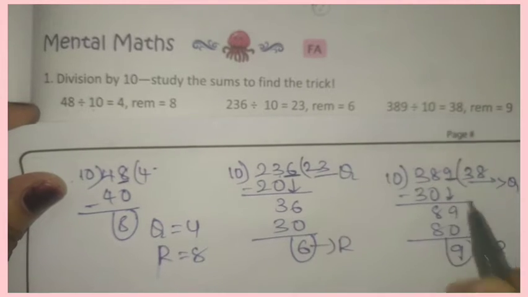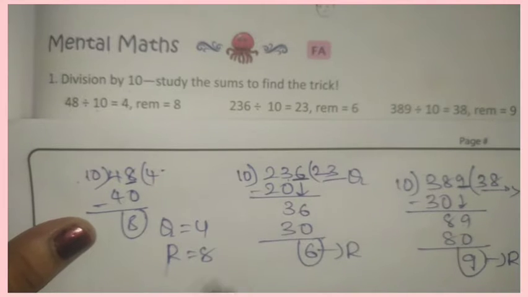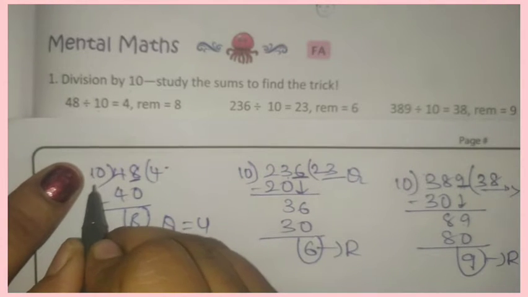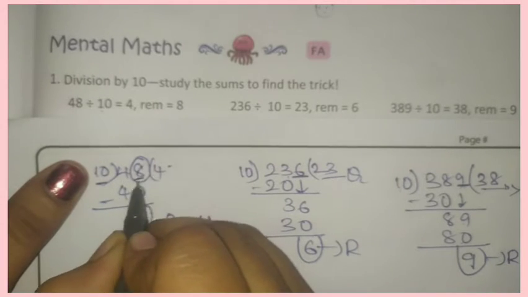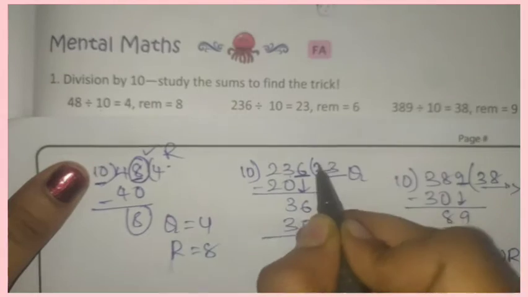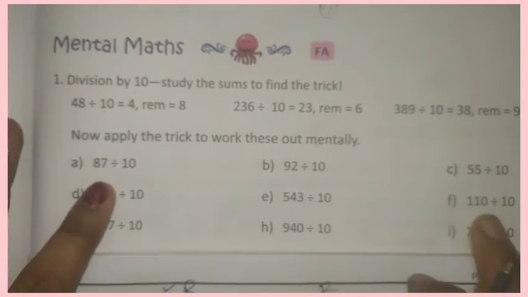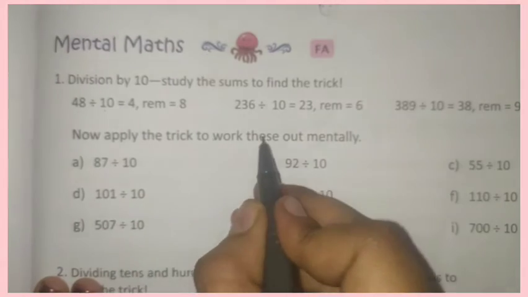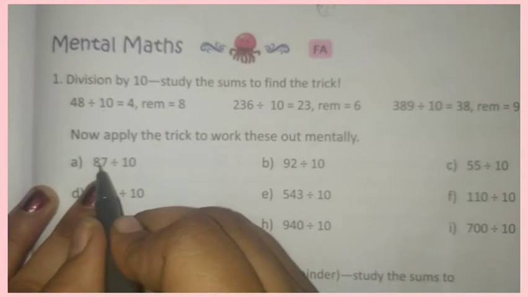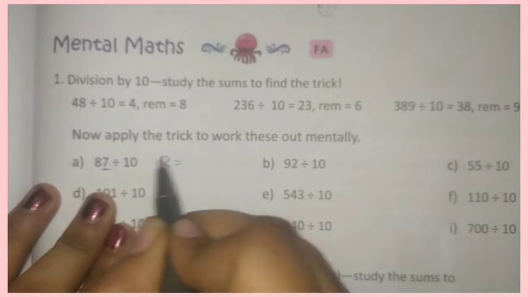Last digit is remainder. Means when we divide any number by 10, then we'll get the digit in the ones place as remainder. Okay, by seeing the sum we can directly say this. Now apply the trick to work this out mentally. 87 divided by 10 means we'll get remainder 7.